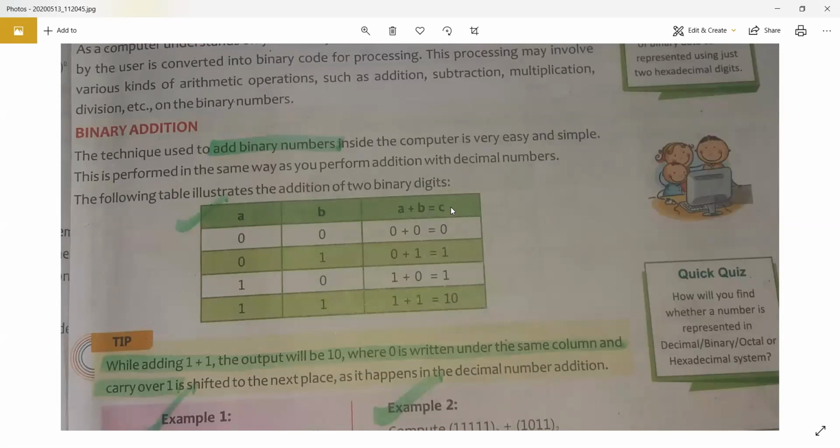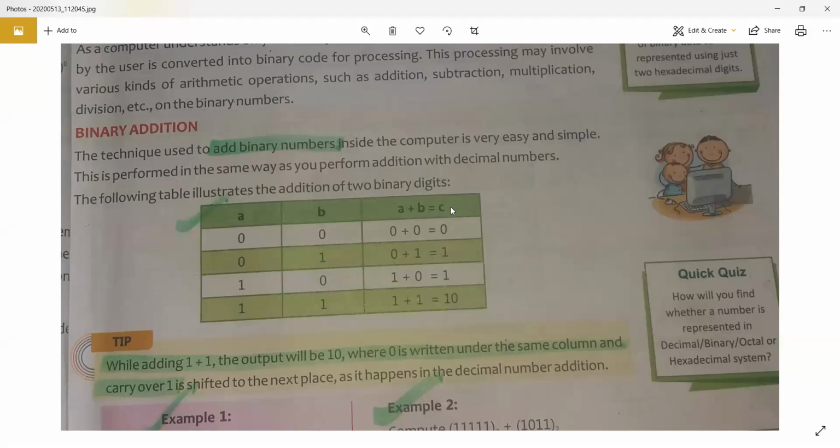When 0 is added to 0, even in our decimal number system we get 0 only. 0 plus 1 means 1. 1 plus 0 is also 1, and 1 plus 1 is not 2, because this is not the decimal number system, this is the binary number system. So 1 plus 1 is 10.